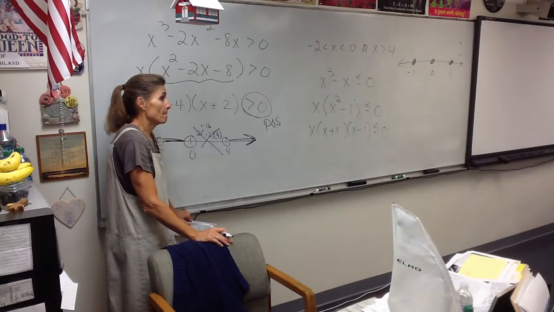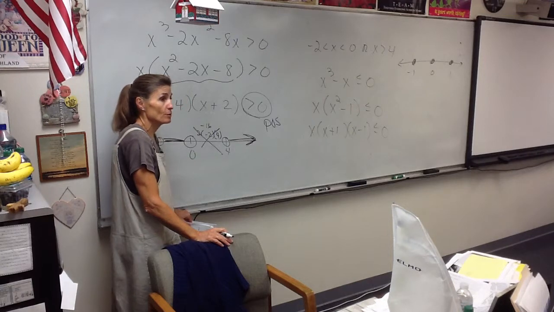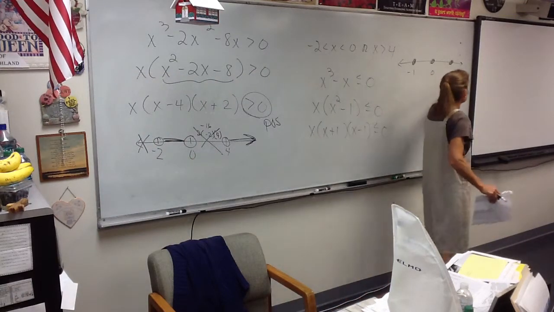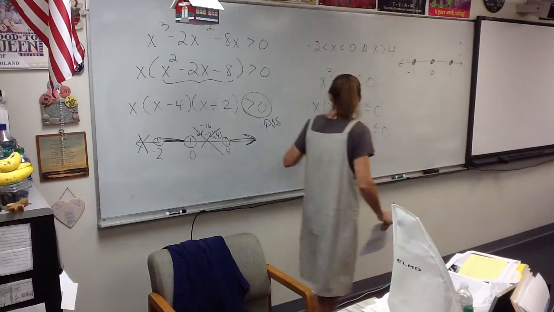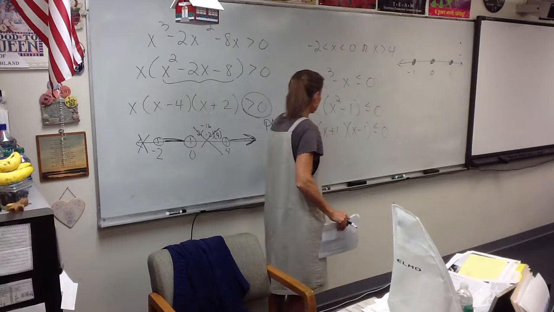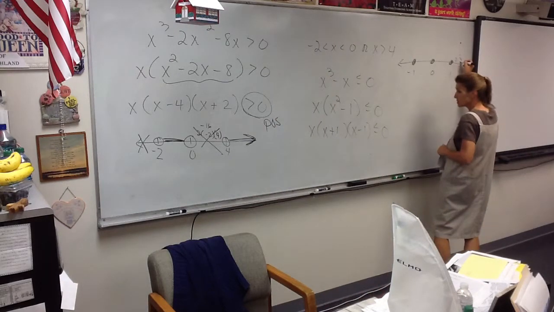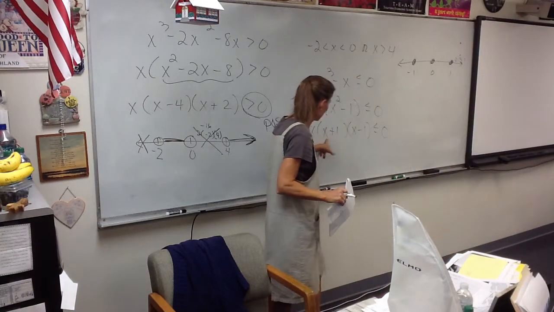Now what? Plug in a number. What number shall we choose? 2 or 3 doesn't matter, but they're both out here, right? I'm just going to do 2 since it's smaller. So if I put 2 in for all my x's, I have 2 times 3 times 1.